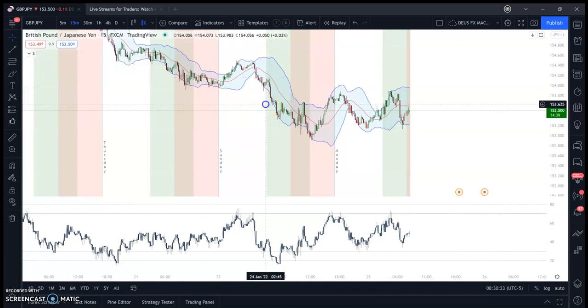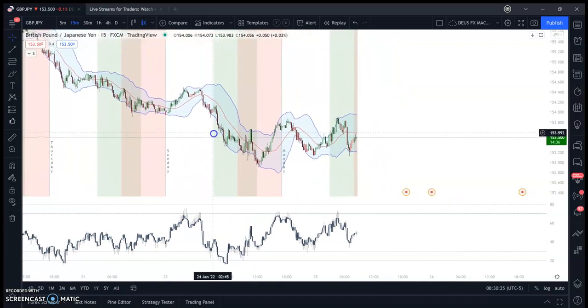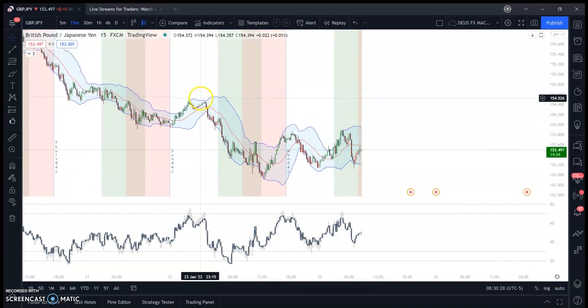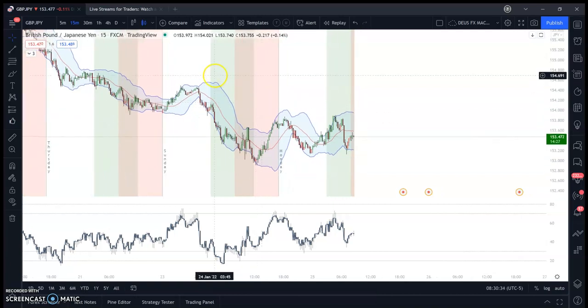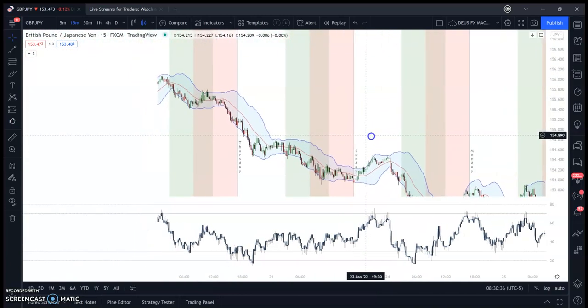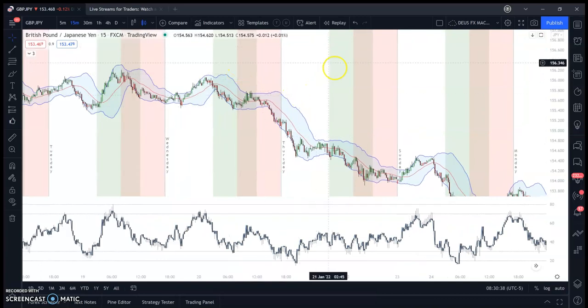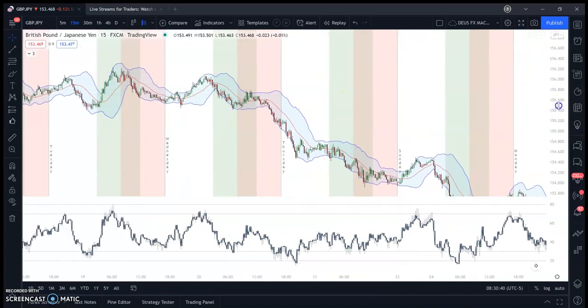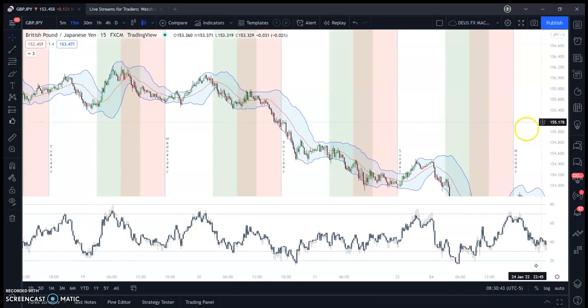With this strategy, you're going to want to wait either towards the end of the Asian session or New York, just depending on the volatility. But most of the setups that you can get are going to happen around the London Open.